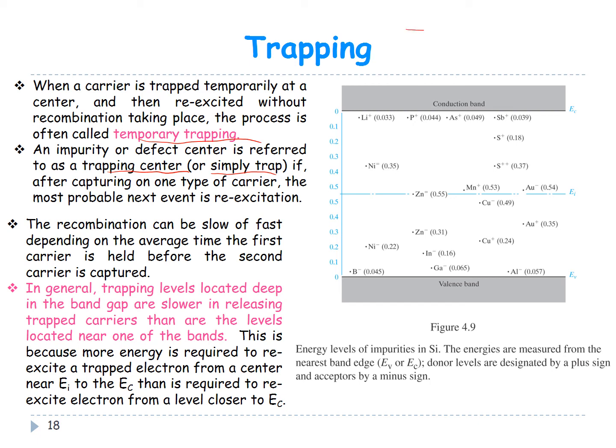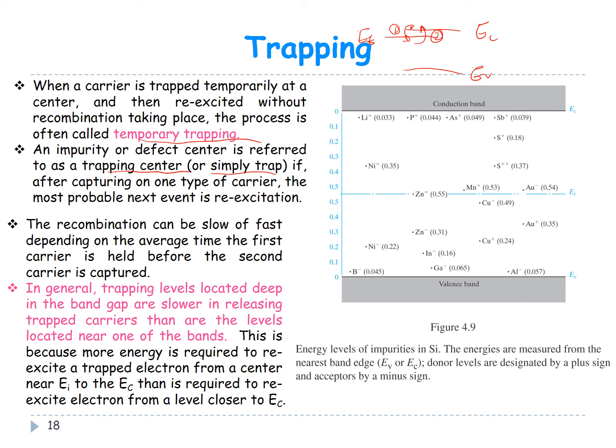So what we are saying is, if you have your EC and your EV and you have a state here, let's call it ET. If it captures an electron, which is event number 1, and the next most probable event is re-excitation, event number 2, then this state qualifies to be called a trap.